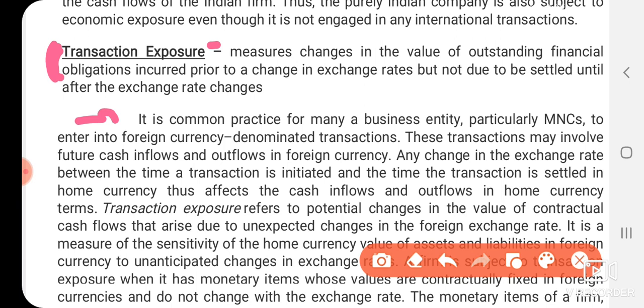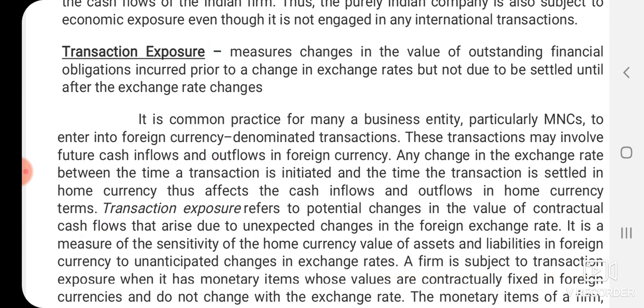He is explaining that between the time the transaction is initiated, that is before settlement, and the time it is settled in home currency, it automatically affects the cash inflows and outflows. It is a contractual cash inflow or contractual cash outflow in home currency terms.